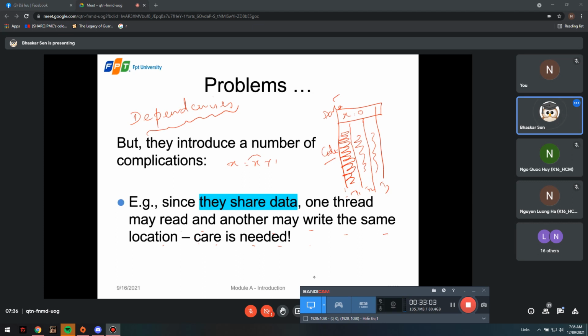This x is the value they get from the shared data. So they get this x, and this x will be brought in right there, and then the other things will be calculated.